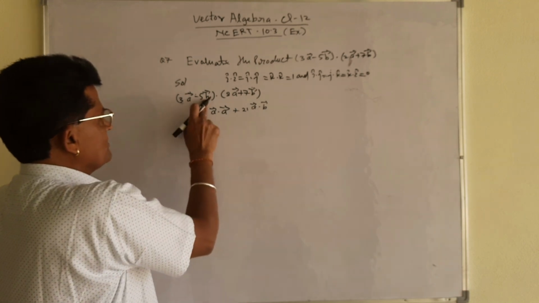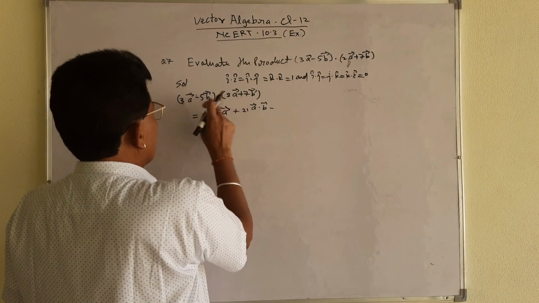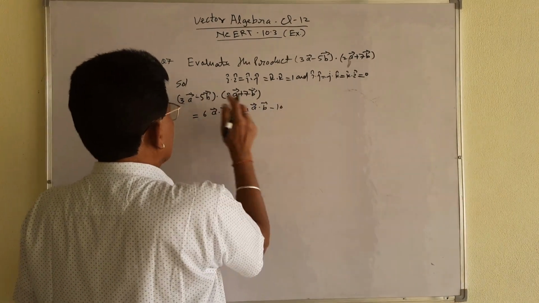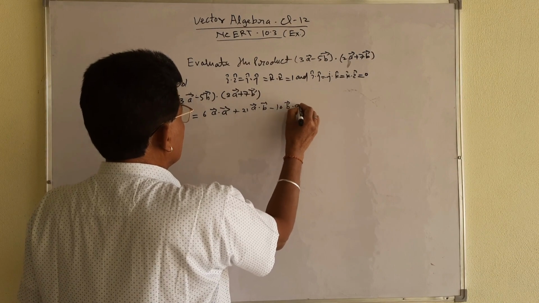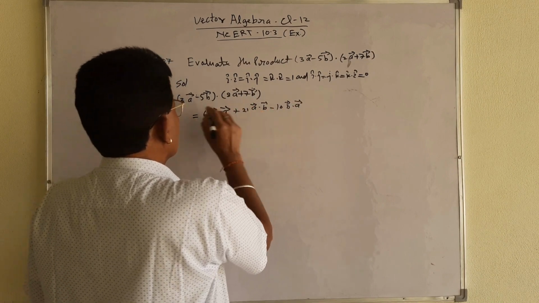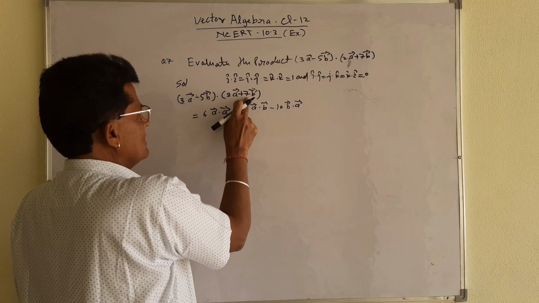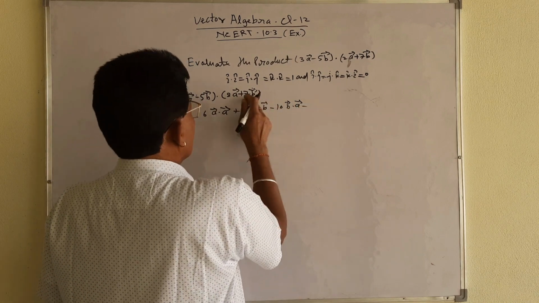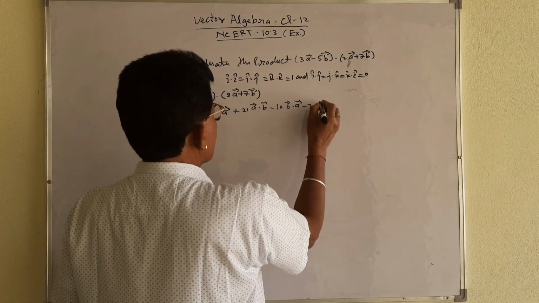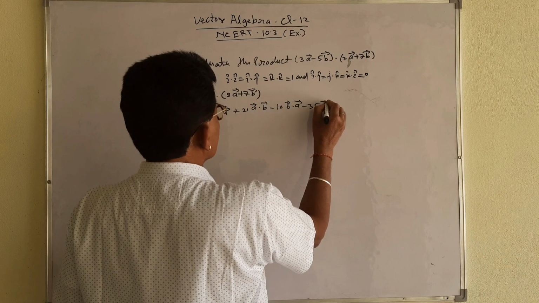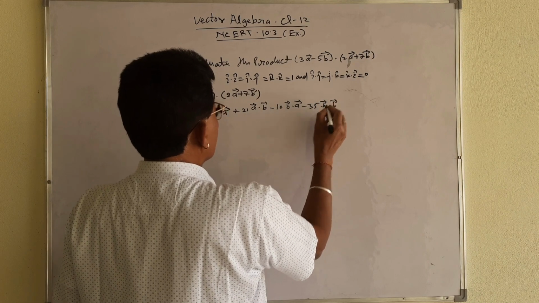After that you multiply, then the sign will be negative, 5 into 2, 10, but vector b dot with vector a. Then the plus sign, negative times positive, minus 7 into 5, 35, vector b dot vector b.